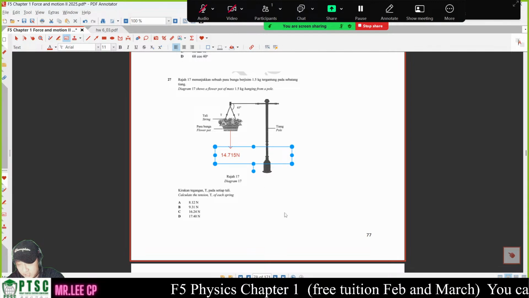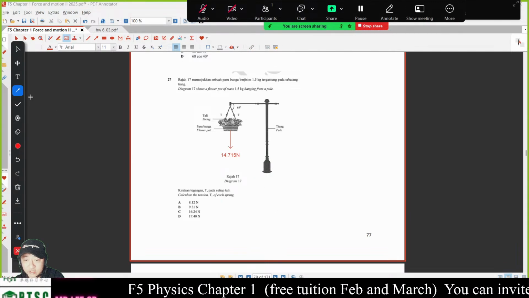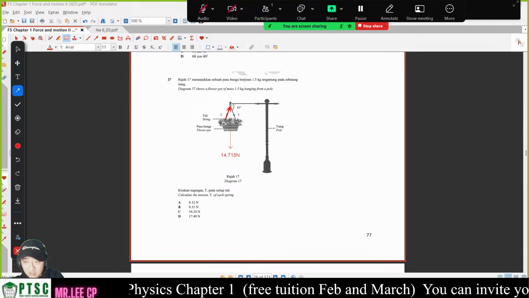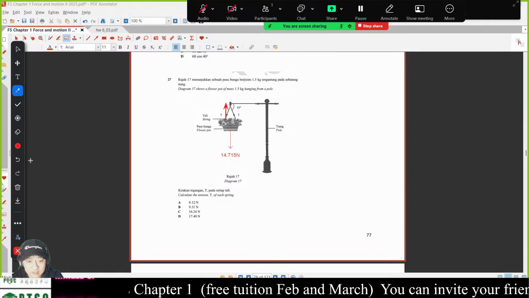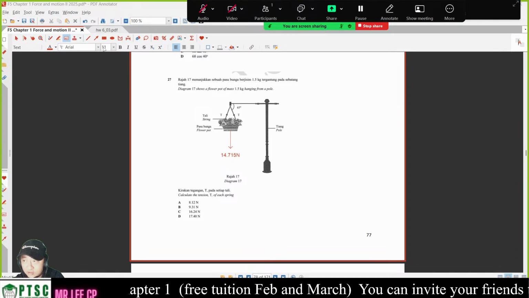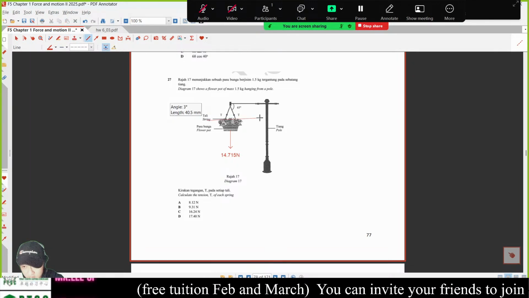Now the force going upward is T touching 65 or not touching 65. If you don't draw it out, it is hard to see. Never mind, we draw it out here.